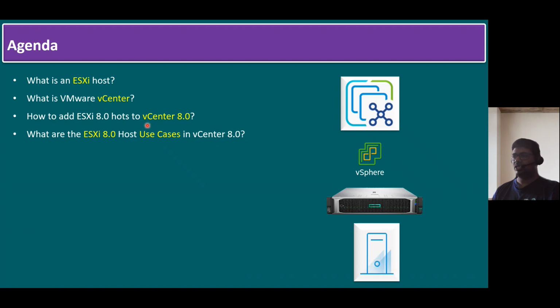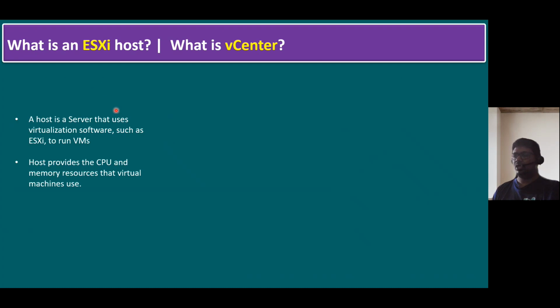Okay, so let's start with the first point. What is an ESXi host? As we know, an ESXi host is a type 1 hypervisor. In other words, as per VMware, an ESXi host is a server that uses virtualization software such as ESXi to run virtual machines. Virtualization is a technology that allows you to transform hardware into software.